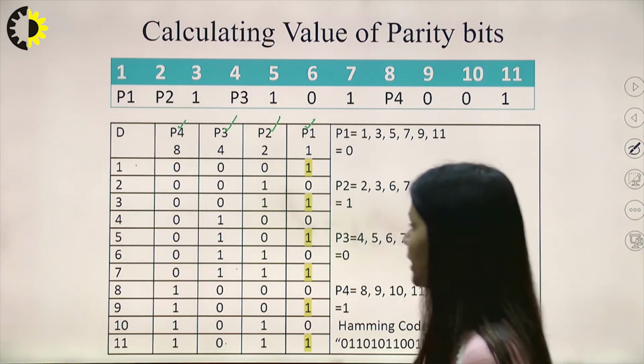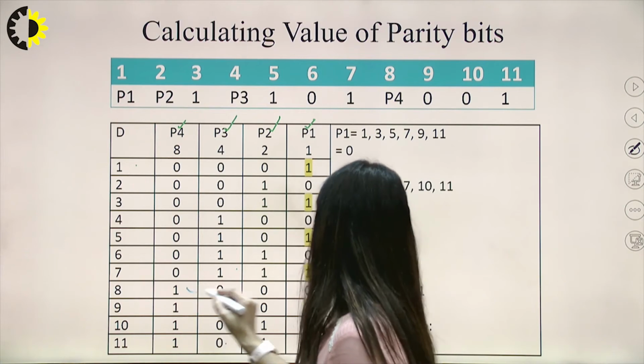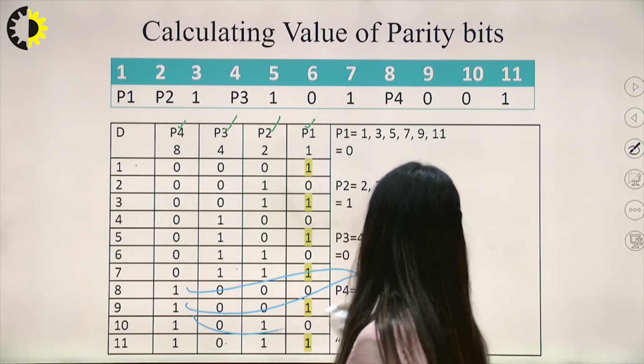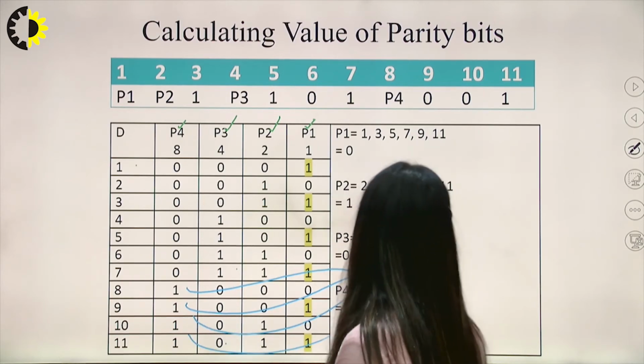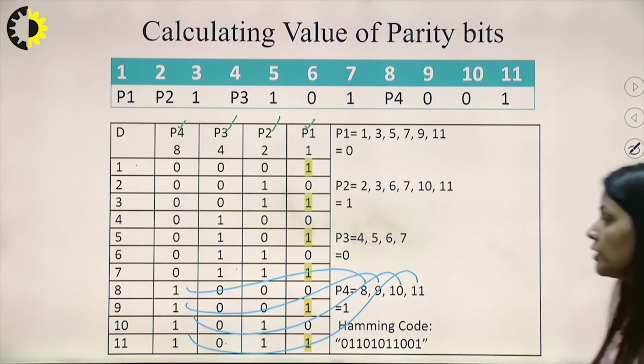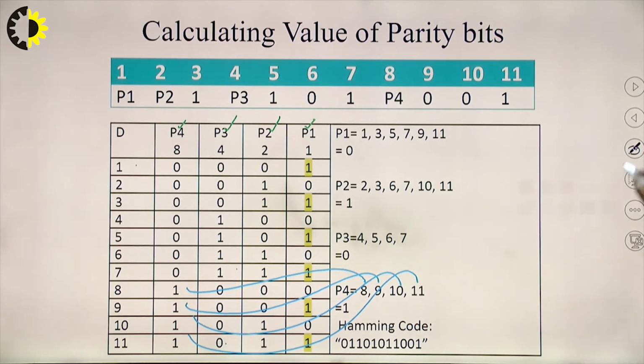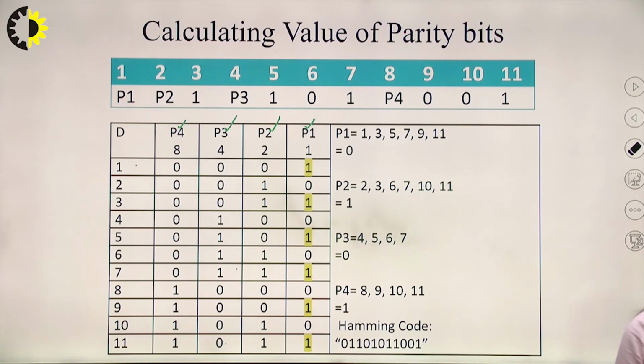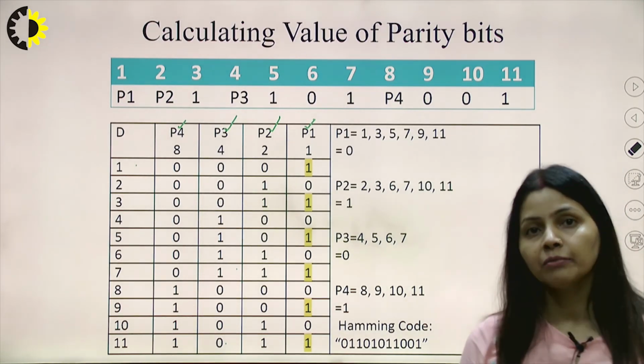Similarly, I will write for P4: 8, 9, 10, 11. Okay. So I will write these values for P1, P2, P3 and P4.